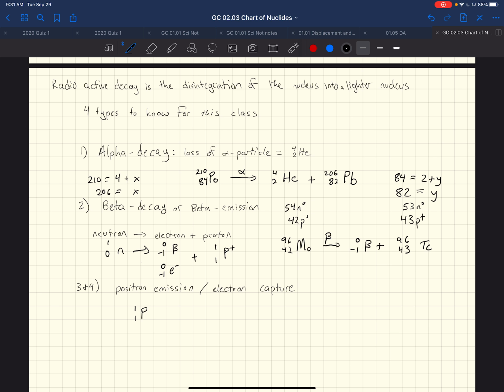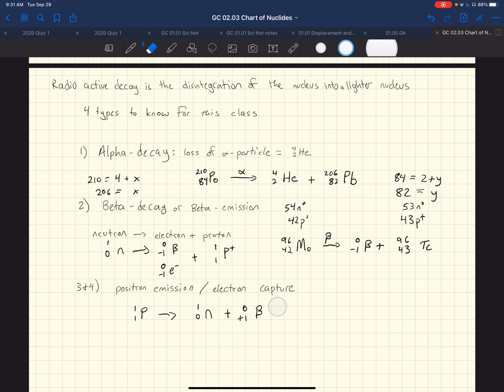For example, positron emission makes a neutron, but it also makes a positron. And a positron is an antimatter particle of an electron, which means that it has all the same properties. It's just opposite in charge. So instead of having a negative charge, it has a positive charge.